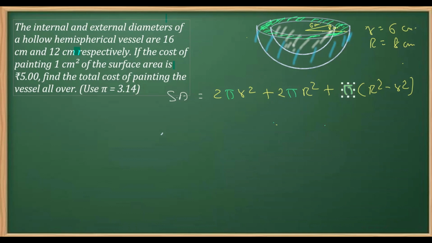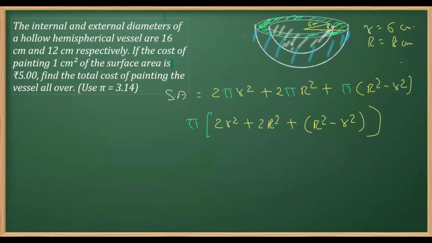So if I take pi as common outside, what we get inside is 2 small r square, plus 2 capital R square, plus capital R square minus small r square. This is the area of the ring.